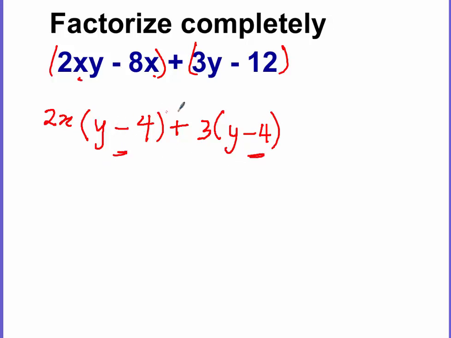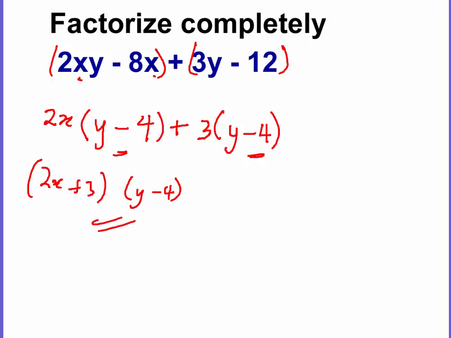If by the end of this expression you don't have the two values to be the same, it means our answer is probably wrong, and therefore you need to go back for the right answer. So it's going to be 2x plus 3, then y minus 4, and that is the answer to this particular question.